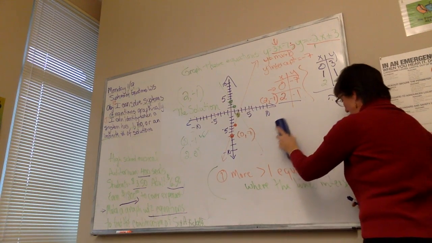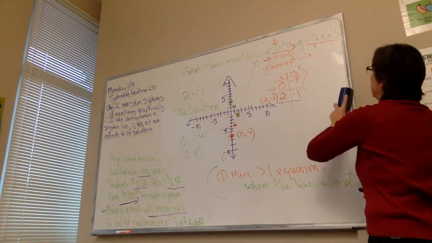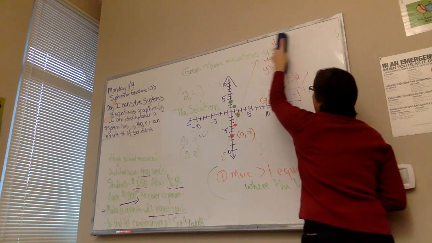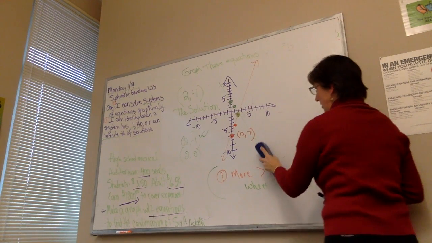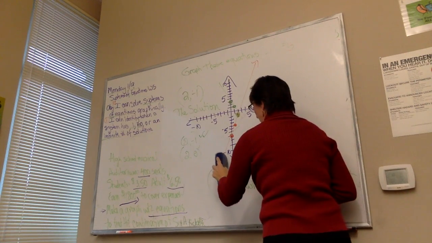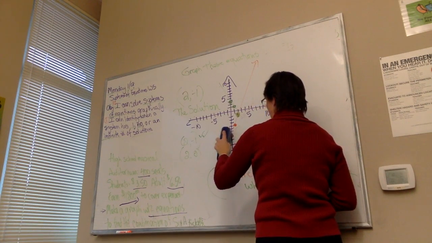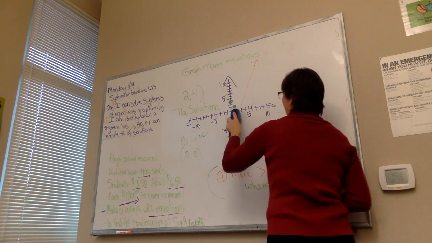So we're trying to find out where that happy spot is. Where we have the right combination of adult tickets and the right combination of student tickets to cover our expenses. Where's that sweet spot?